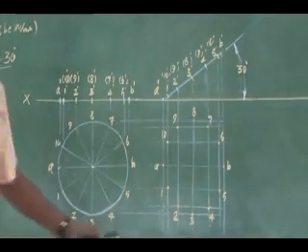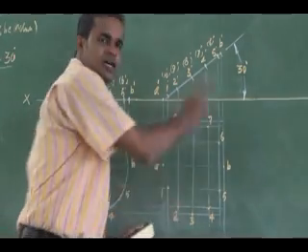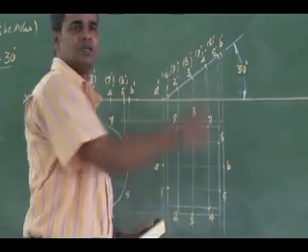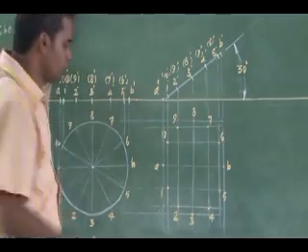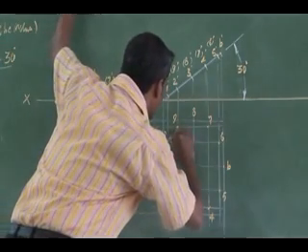Now with a smooth curve, okay, you try to get a top view of the circle, that will look like an ellipse, alright.